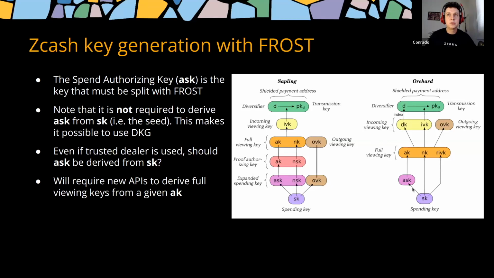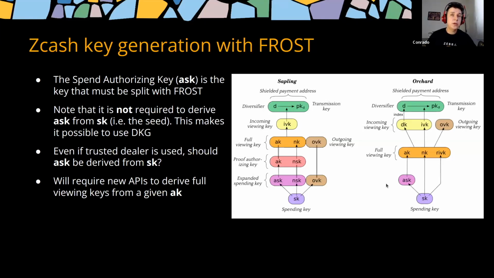And also, there's this question: if you use trusted dealer key generation, I think you also do not want to derive from the spending key. Again, to prevent people from having a seed phrase, because the seed phrase would allow you to recover the original key, which is kind of not the intention with FROST. So I think in both cases, you should not derive ASK from SK.